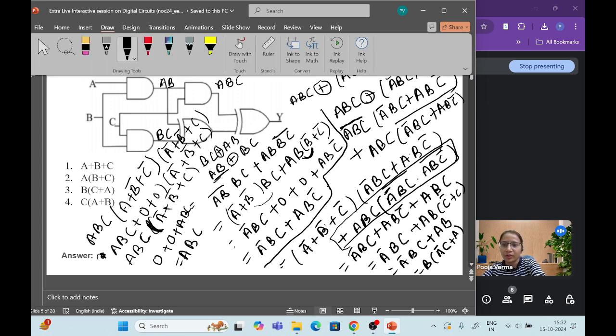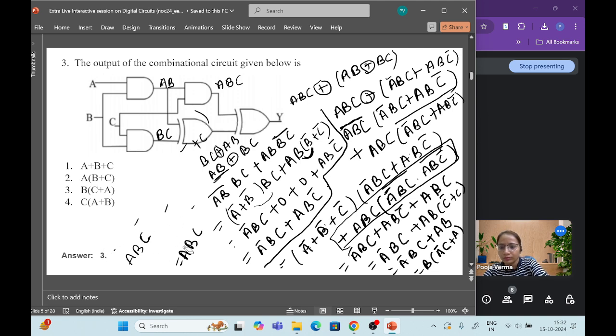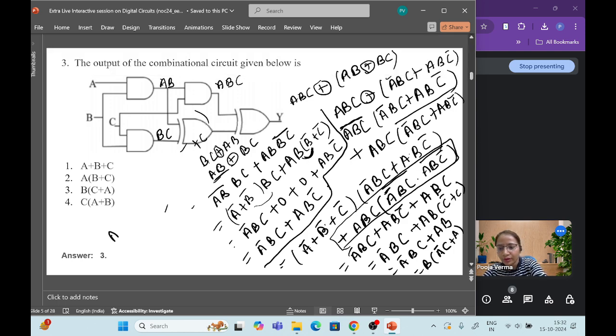I'm removing this here so that we can solve it. A dash c plus a, we can extend it.